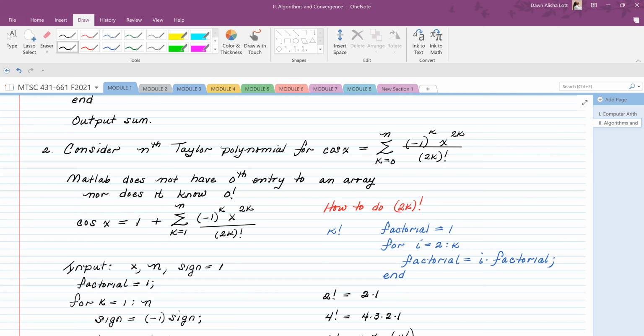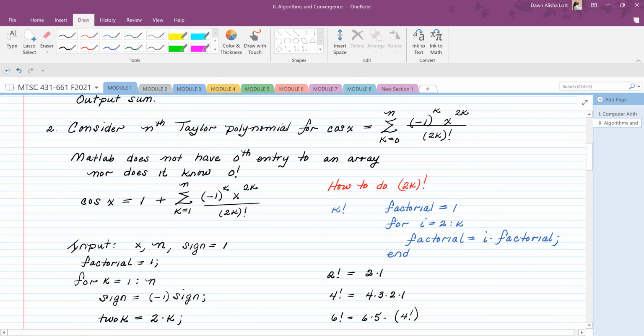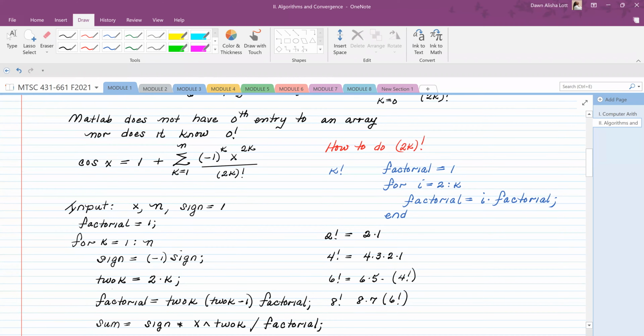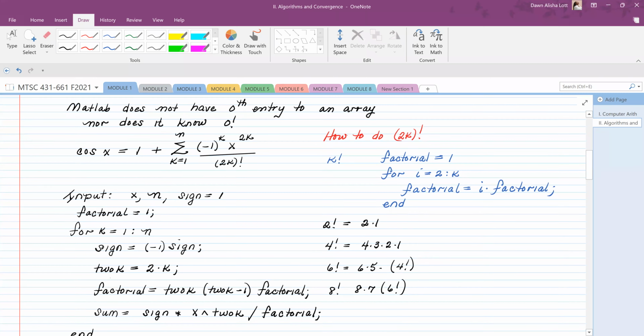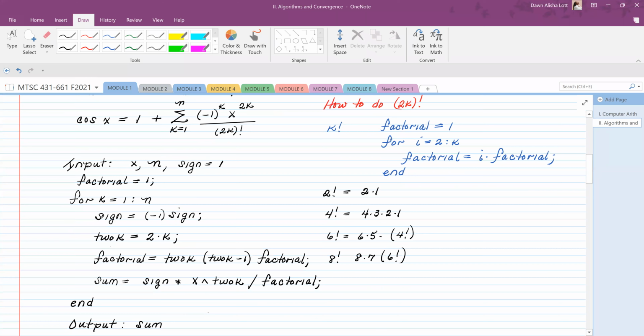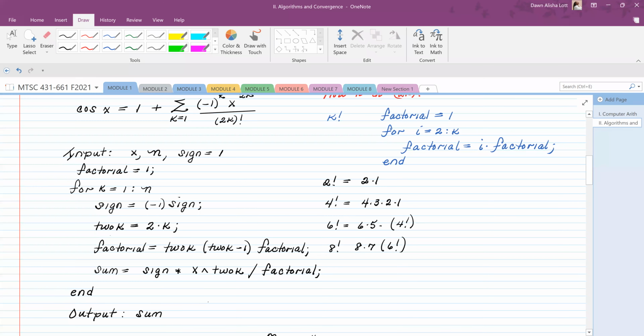And so therefore, our sum should start off as, okay, now I see. Wow, excellent to find my mistake. Okay, so I need to set sum equal to 1.